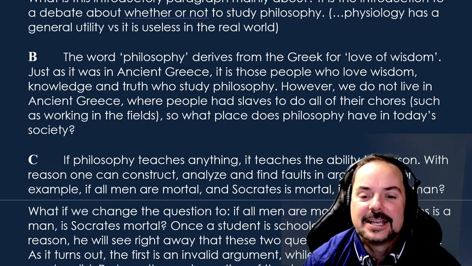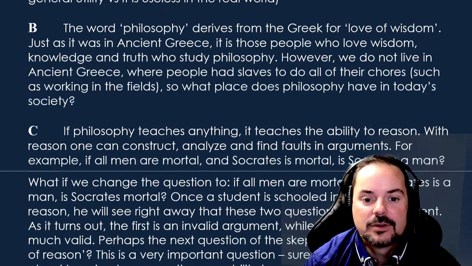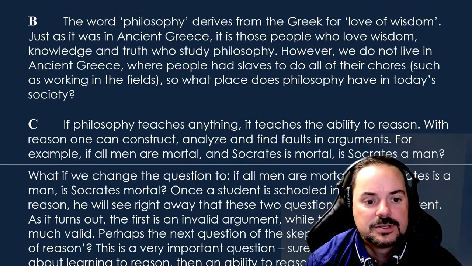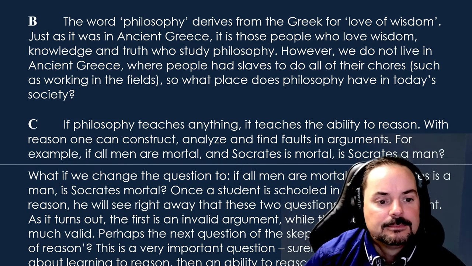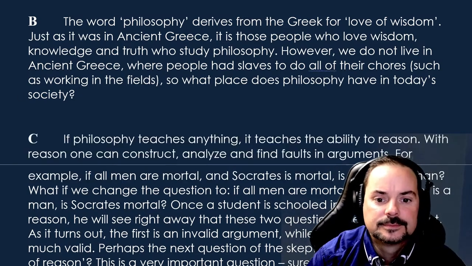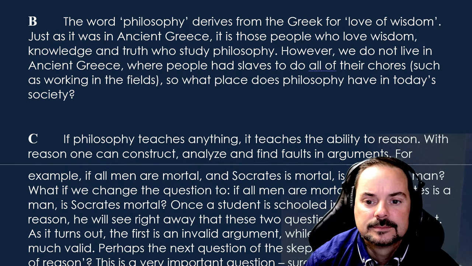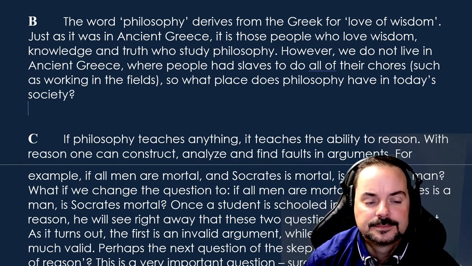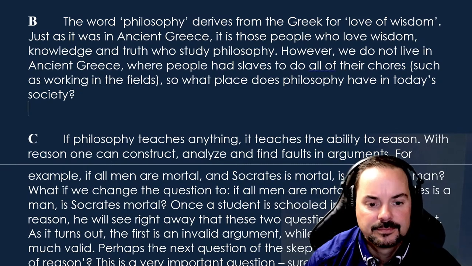Great. Ghazi, help us out here with a bit of reading. I've got paragraph B up for us. Can you read B for us when you see it, just nice and loud? Yeah, okay, sure. The word philosophy derives from the Greek for love of wisdom, just as it was in ancient Greece.